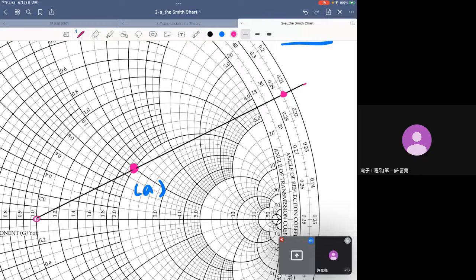This is the number of your position. What is the number of position? It is 0.214. Okay, this is 0.21. You need to read the outside circle because you need to use the clockwise direction.